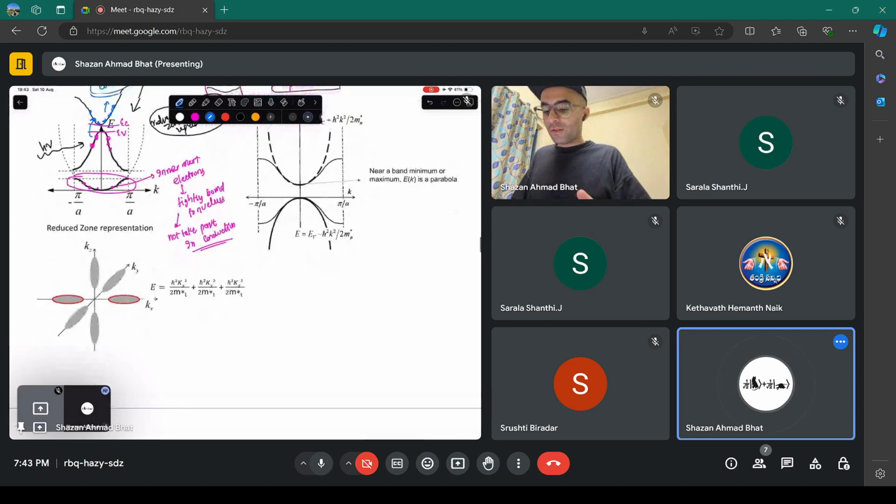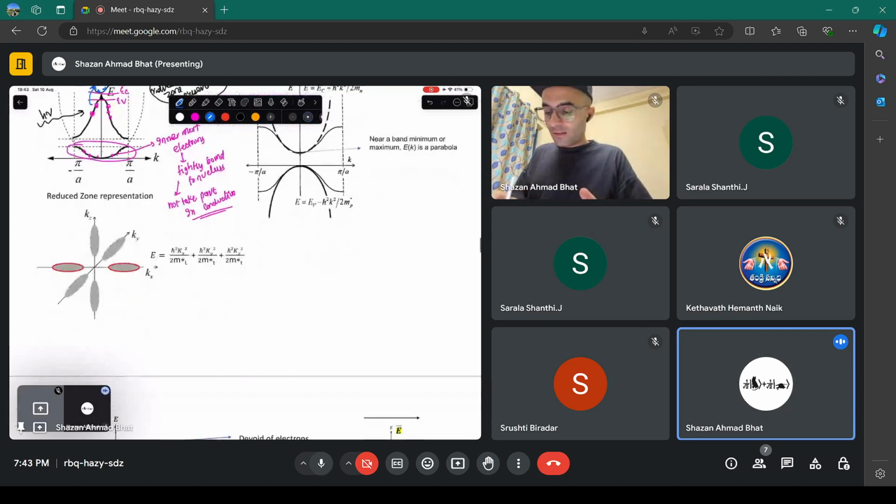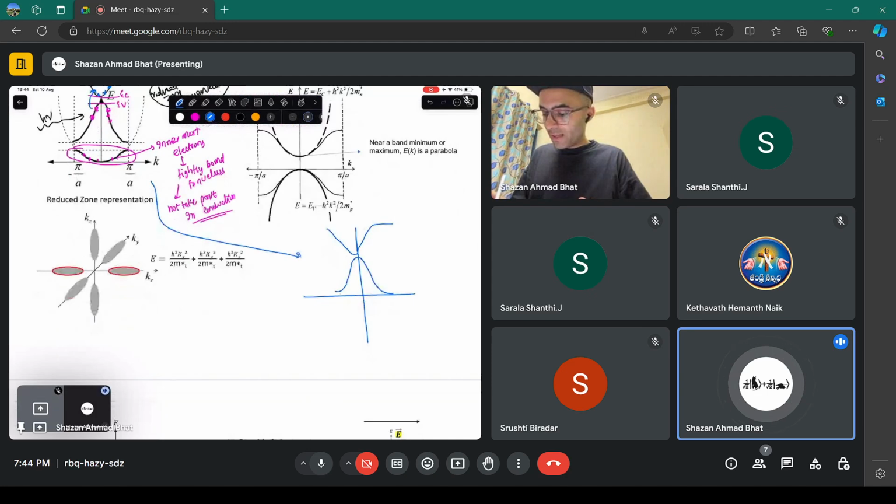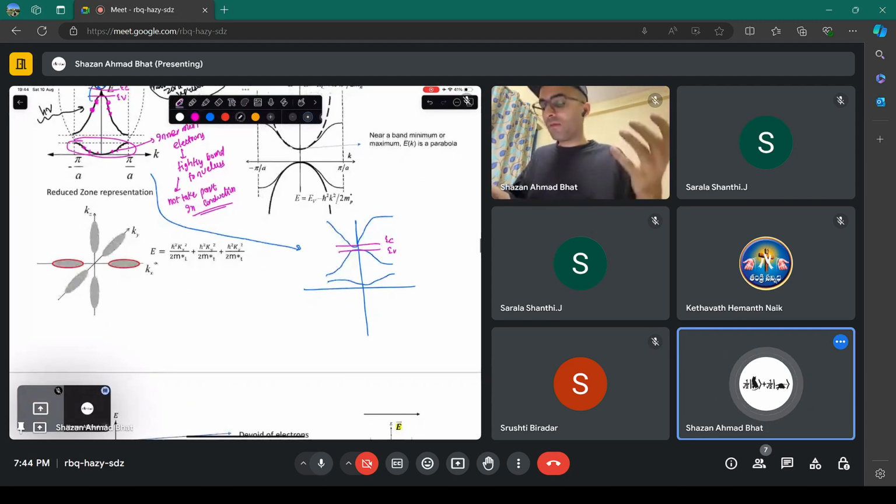Now, when you have these particular bands, something like this, and you have the inner band, the conduction band and the valence band, you have to model it somehow.